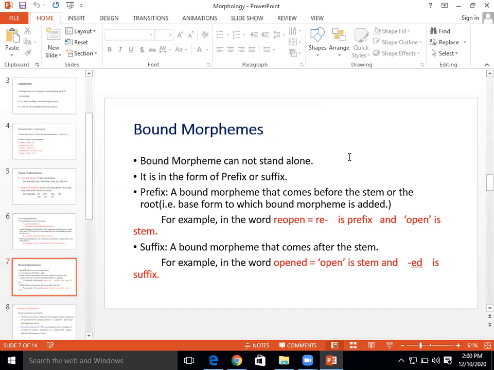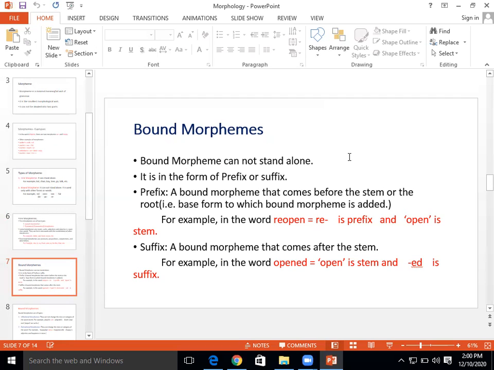So open is the stem, mostly a free morpheme. Open is a free morpheme, it is a root, and re is added to open, and a new word is formed, that is reopen. Re means again, re, पुन्हा. Open means उघडणे, reopen, पुन्हा उघडणे.